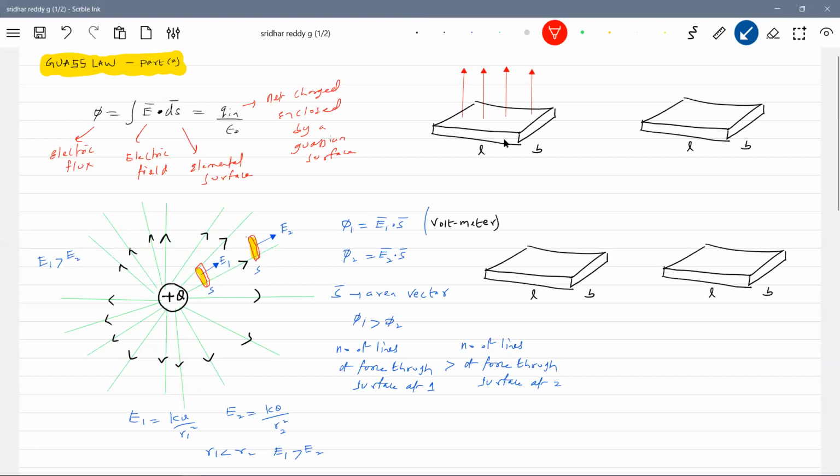There's a uniform field there. So this one.